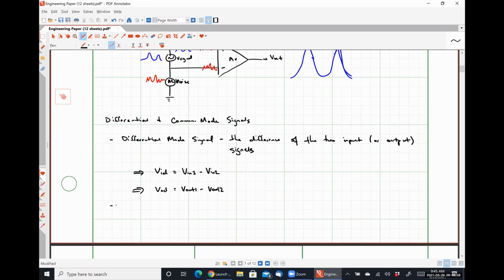A common mode signal is simply the average value of the input or output signals. So we can think of it as whatever signal winds up appearing at both terminals.